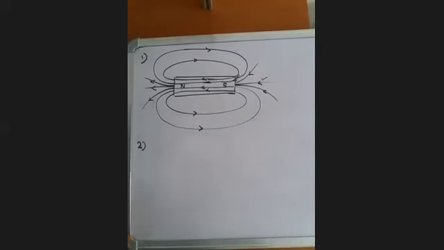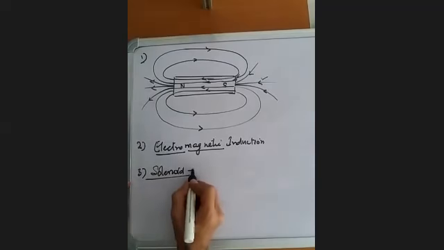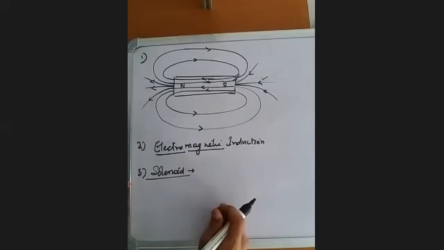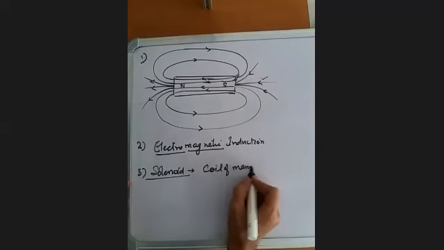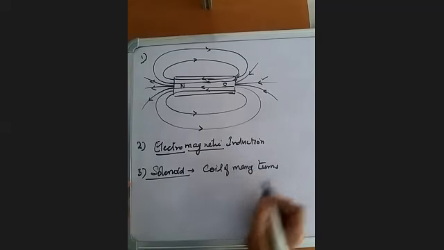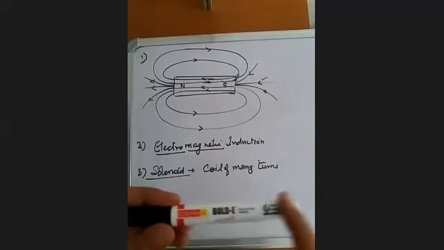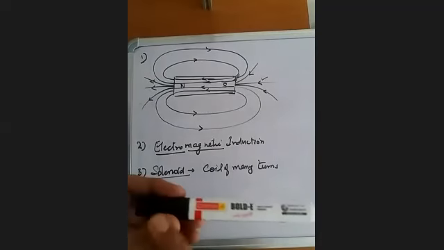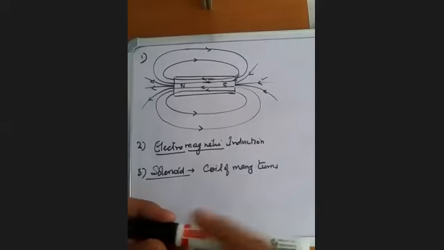The third question is, what is a solenoid? A solenoid is a coil of many turns made up of an insulated copper wire, such that the area of cross section of the coil is much smaller than the length of the coil, and it is wound in a cylindrical form or in a helical form.